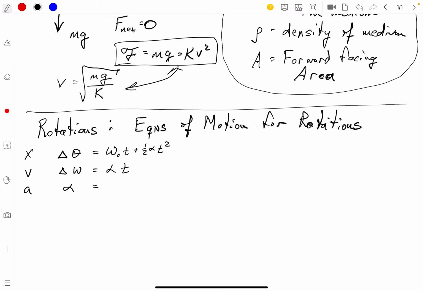But you could also say it's omega final squared minus omega initial squared, divided by 2 delta theta. I just wrote this equation in a different way, which is the fourth equation that you need.